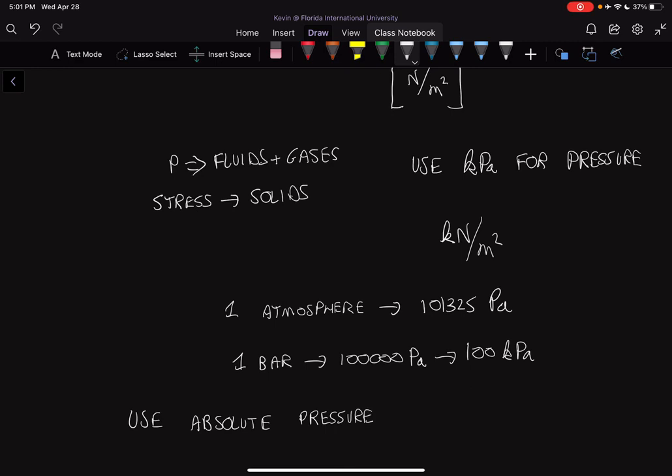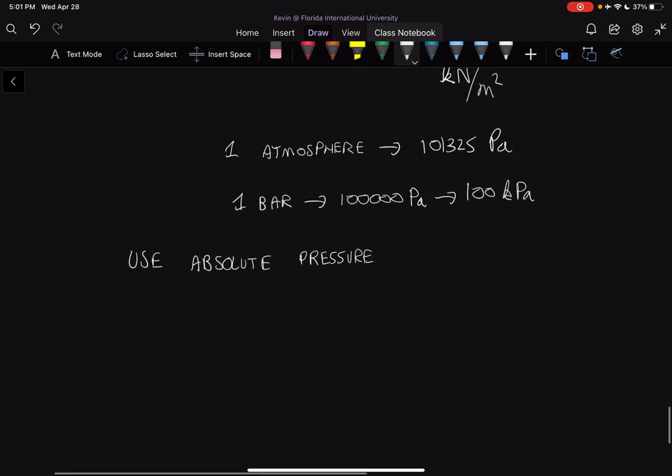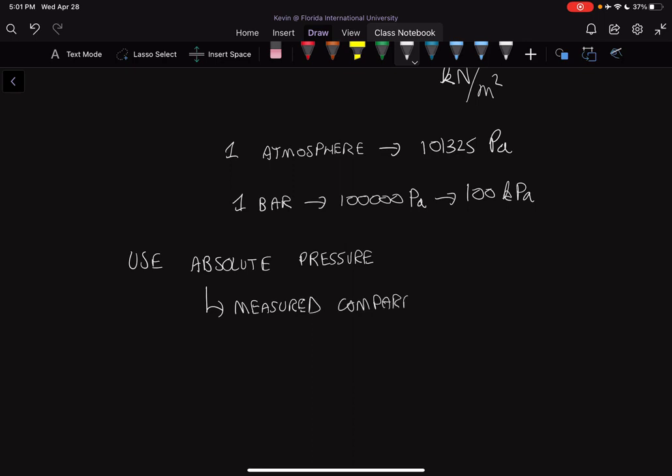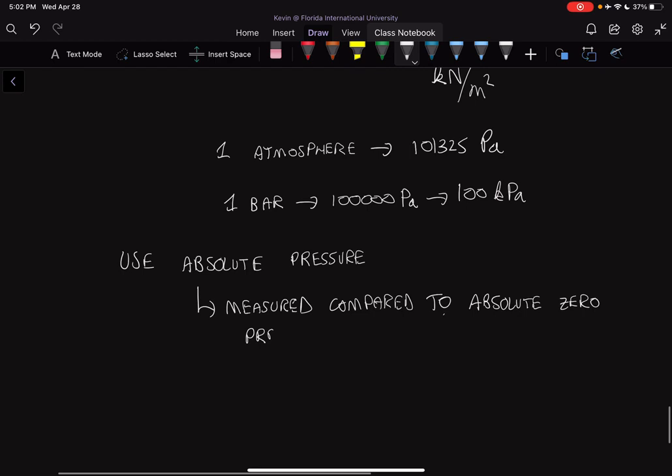What we mean by absolute pressure is that the pressure is measured compared to absolute zero pressure. So it's the total pressure used.